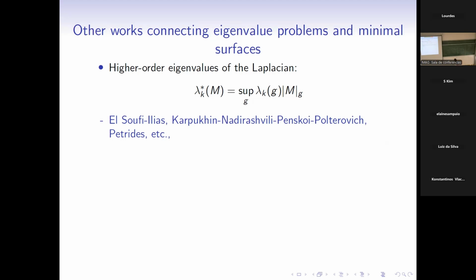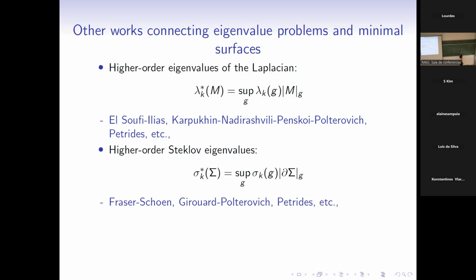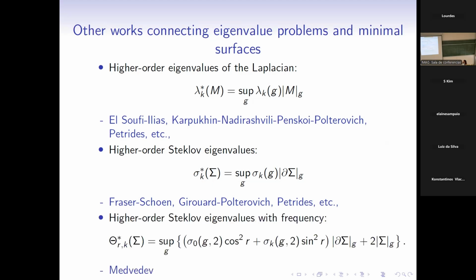You can ask the same kind of questions. We have a lot of work: Al-Sufi, Elias, Karpukin, Nadrashvili, Penskoy, Petrovich, also Petridis, and many others. You can, of course, do the same here. Instead of sigma 1, you put sigma k and ask similar questions. And we have Fraser and Schoen, Karpukhin, Petrides, and we already have some results for higher order for our functional.